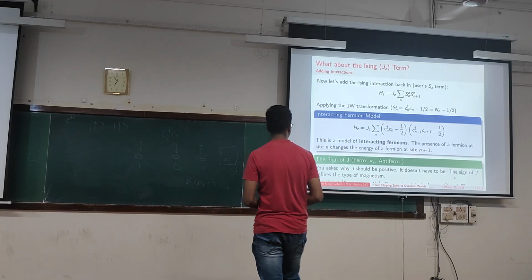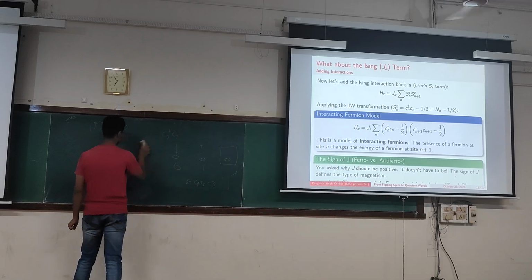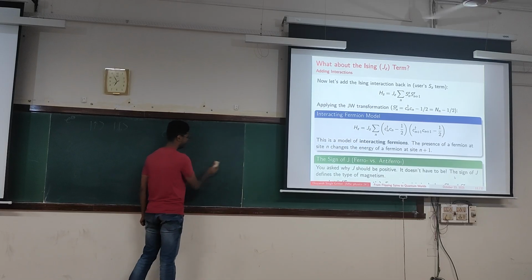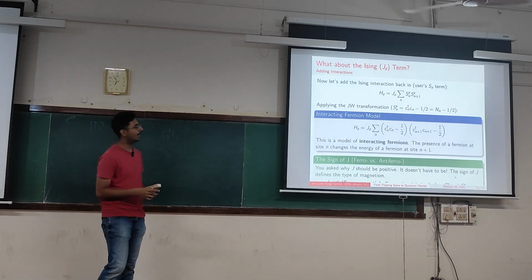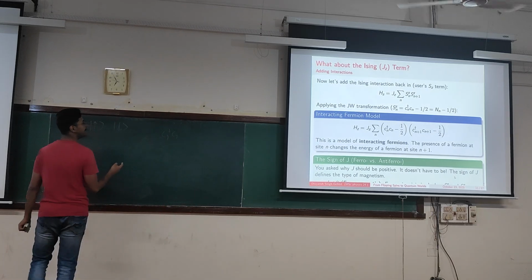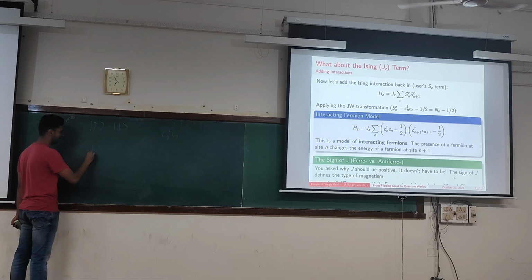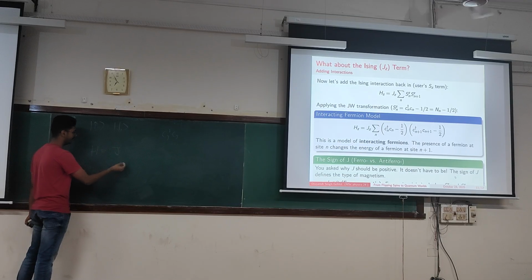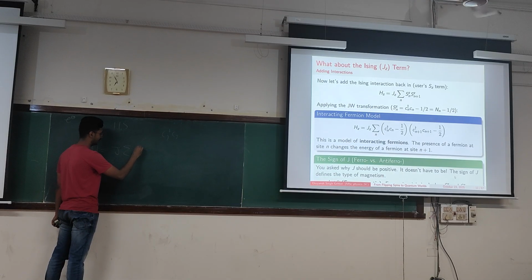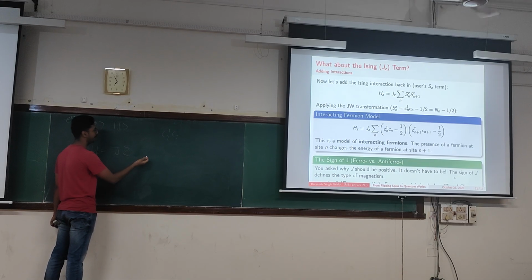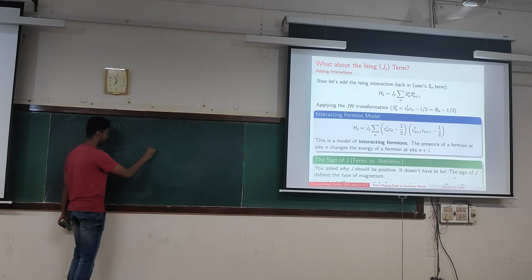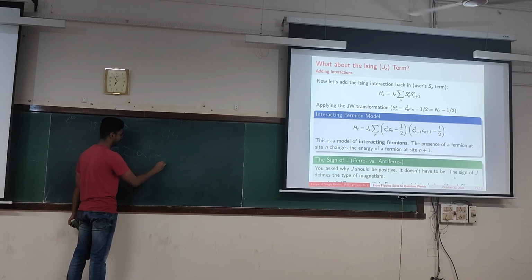I forgot to add the slide where the transformed Hamiltonian is. So when we add those parity signs, the Hamiltonian will just become a summation of, let's say, C, we are defining new operators alpha dagger j alpha.